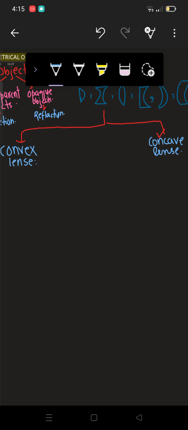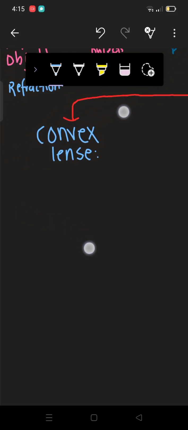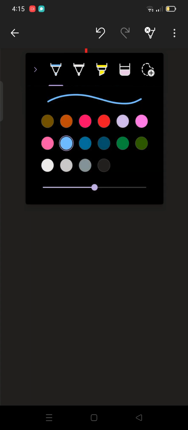The convex lens is also known as a converging lens. Why it is known as a converging lens, we'll be talking about that as well.